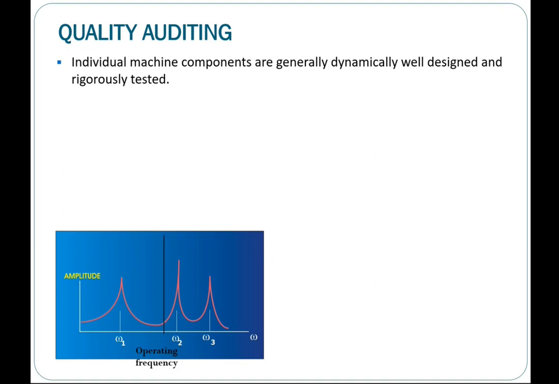Right? We want to ensure that all the individual machines have a good dynamic design. Here, dynamic design means a good design when this particular machine is running at its operating frequencies or running frequencies. All right. So why are we saying so?